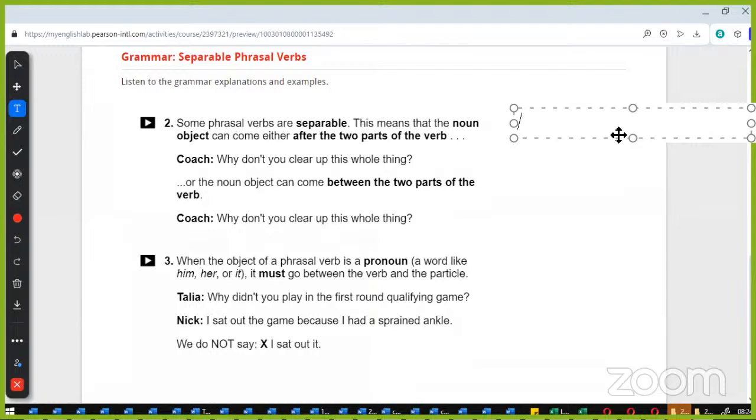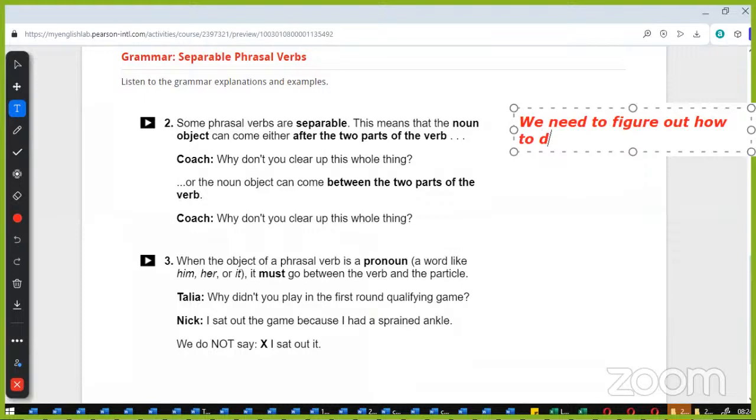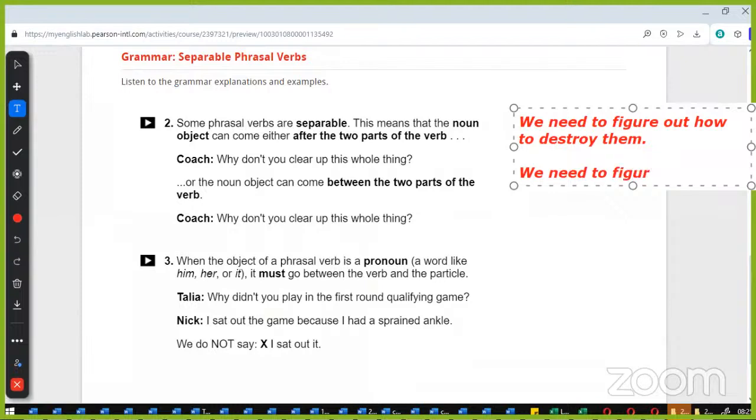Like this, we need to figure out how to, let's say, destroy. Okay, so here, figure out means like to interpret or understand.